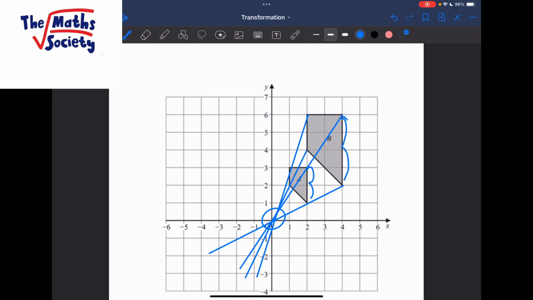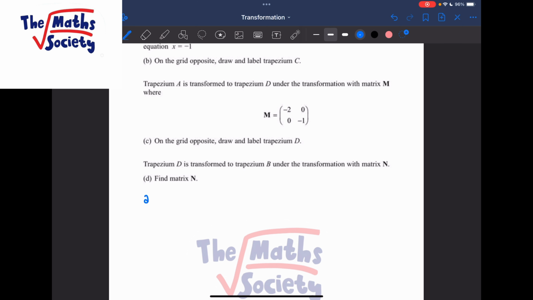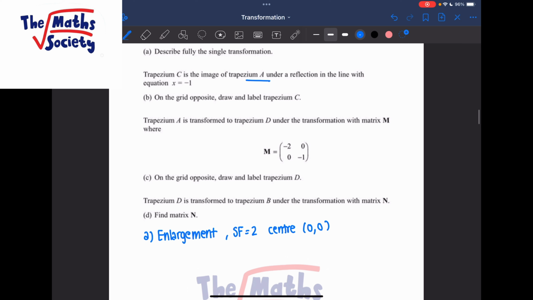And then center at 0,0. So then you can just write that it is an enlargement, scale factor 2, center 0,0.